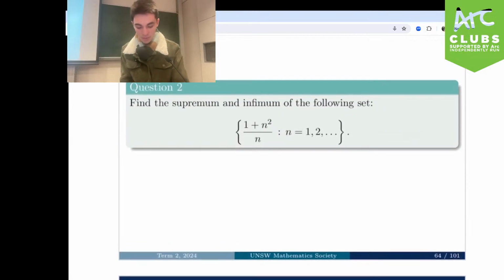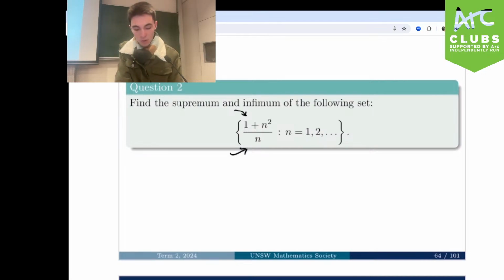Okay, let's apply this. We're asked to find the supremum and infimum of the following set. The first thing we should notice is that we've got a quadratic at the top and a linear term at the bottom, so it's going to be increasing. Because it's increasing, the smallest element of the sequence is going to occur when n equals 1.